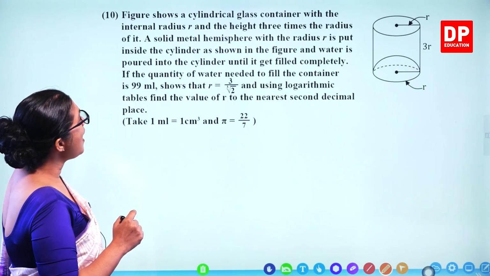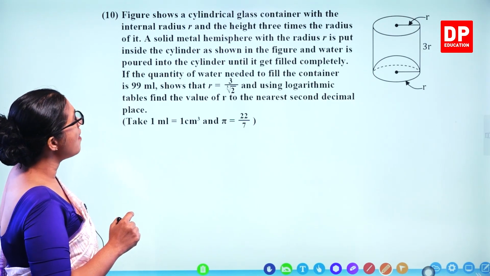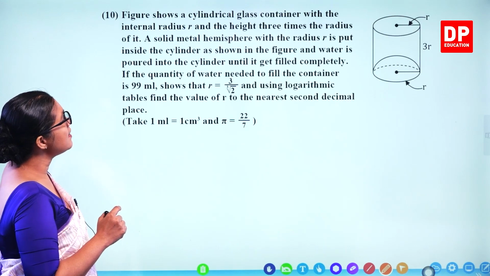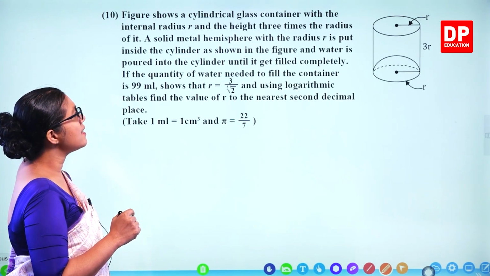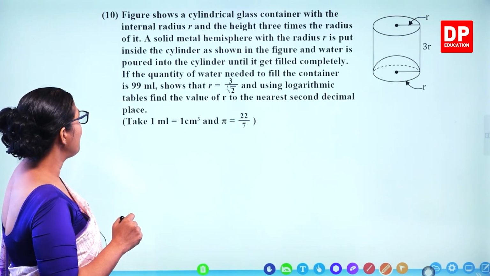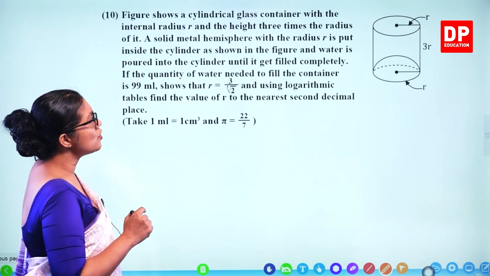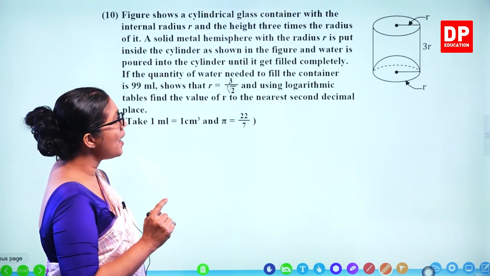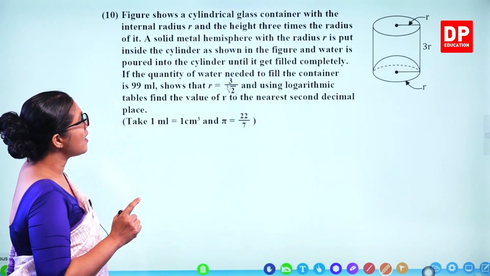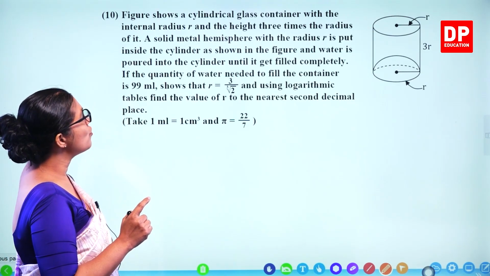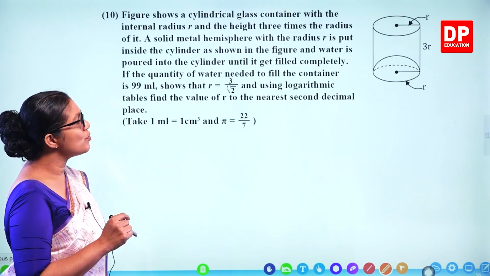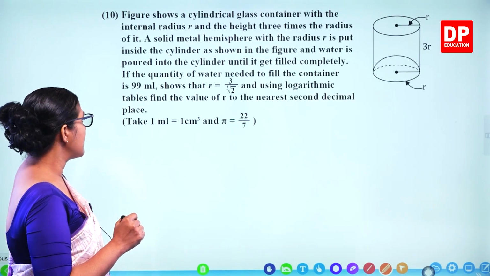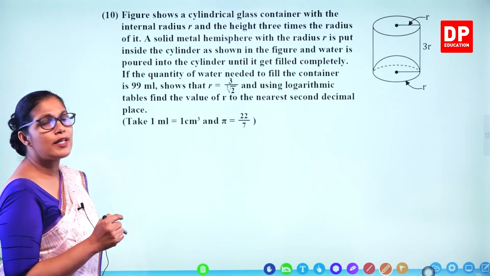A solid metal hemisphere with radius R is put inside the cylinder as shown in the figure and water is poured into the cylinder until it is filled completely. If the quantity of water needed to fill the container is 99 milliliters, show that R equals 3 over cube root of 2, and using logarithmic tables find the value of R to the nearest second decimal place. Take 1 milliliter as 1 cubic centimeter.